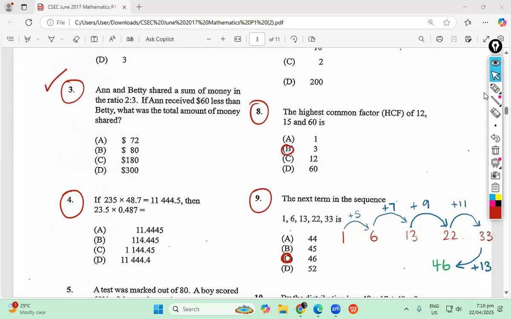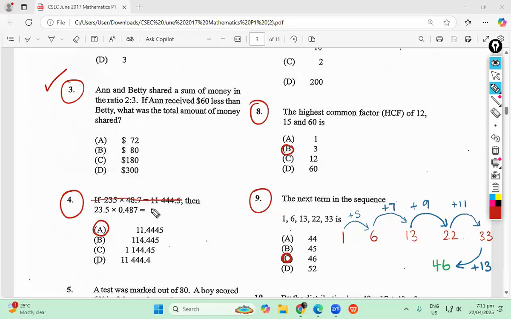Number 4, I know you all just use a calculator: 235 multiplied by 0.48. I don't want to waste too much time on this. The answer for this one is 8, and you can kind of guess it, because look at this. 23.5, you didn't even need this piece of information to get it correct.